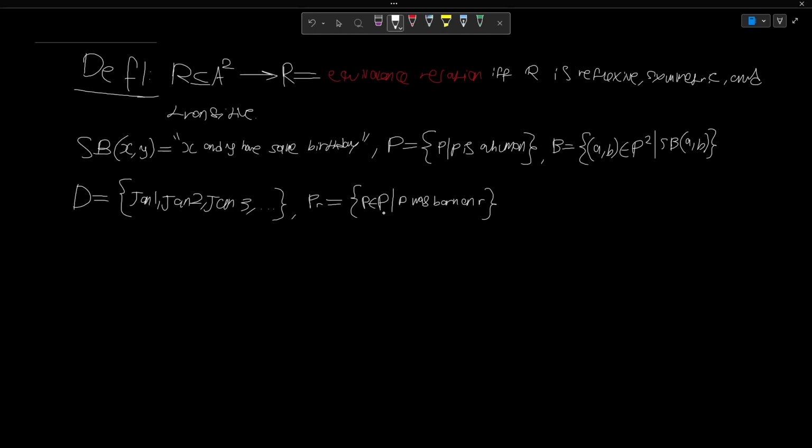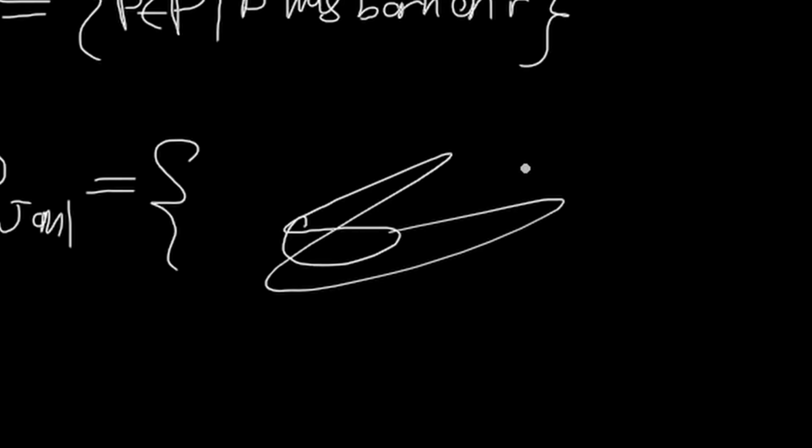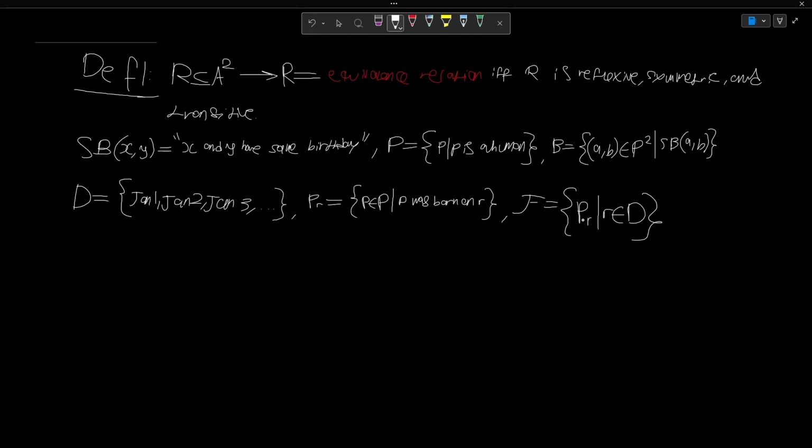So you can think of, for example, P_January 1st as being the set of all people born on January 1st. Then if we let F be the set of all P_r such that r is in D, then F forms a set of subsets of P.